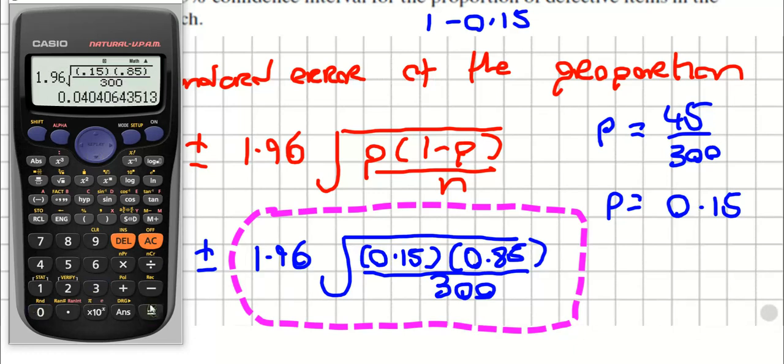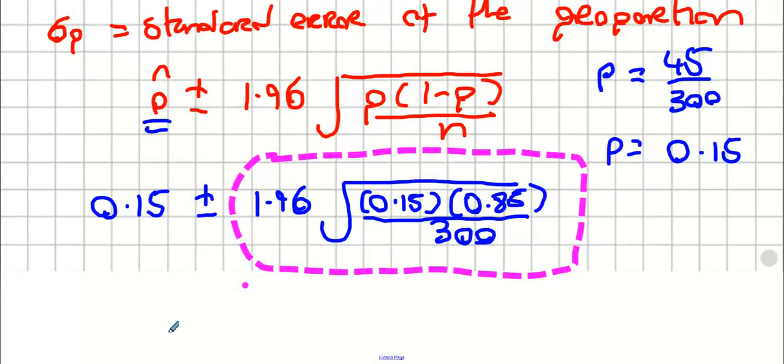Who got 0.0404? Yeah. Now, what it's basically saying is our interval is now 0.15 plus or minus, what's it, 0.04. We just call it 0.04, will we? Round it off. Is that all right? Yes, sir.